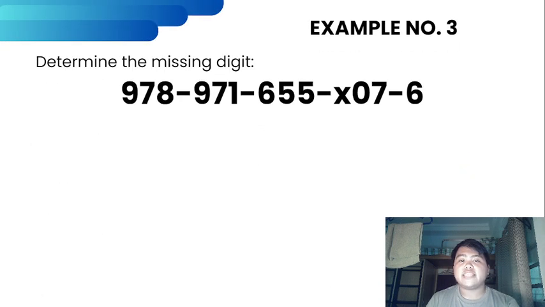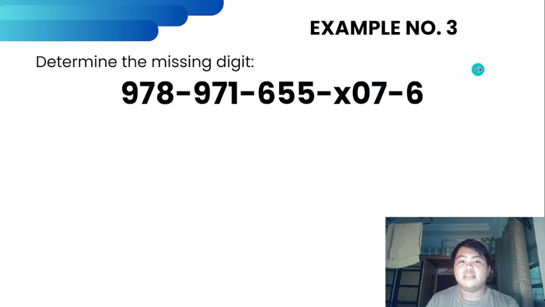For the final example, let's determine the missing digit. The given number is usually in the format of ISBN 13, and X is the missing digit. Let us treat the missing digit as the check digit, since we only need to find the missing digit in the given ISBN.